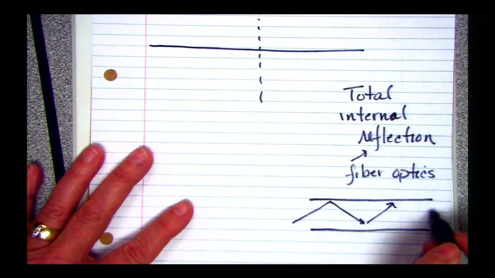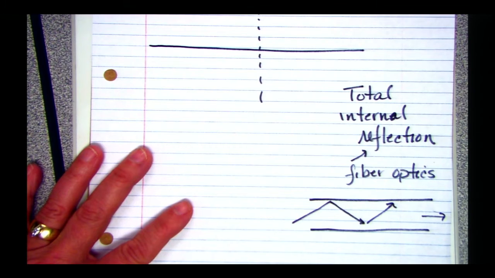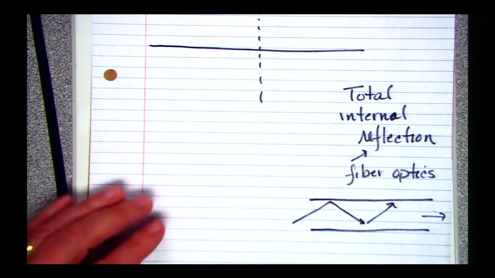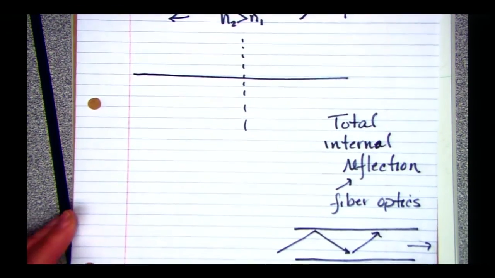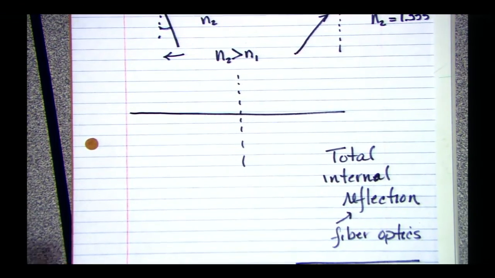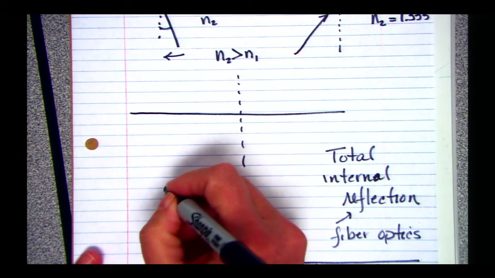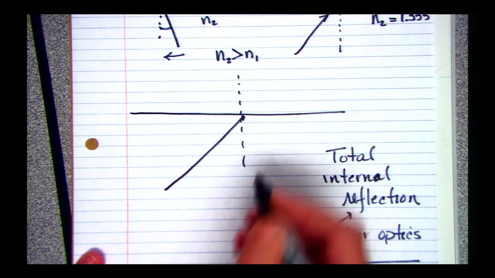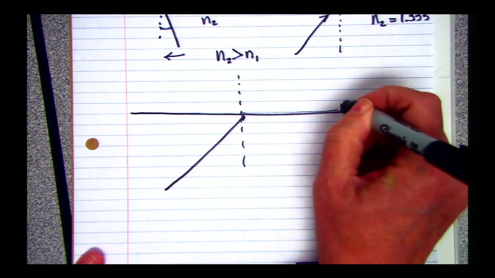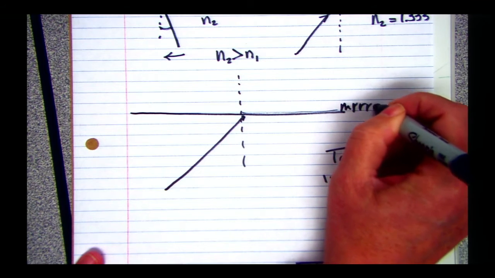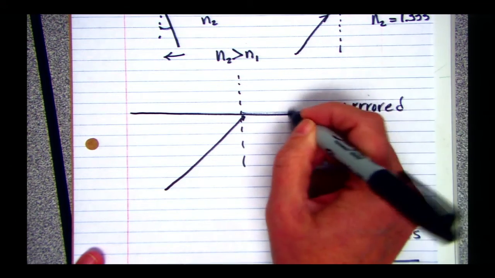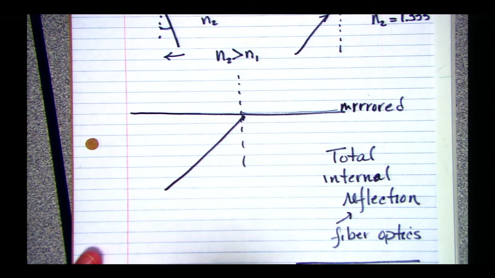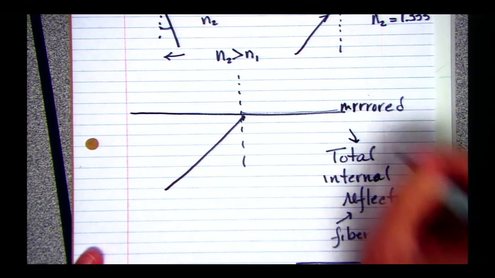If you're a swimmer and you've been in the swimming pool, you've experienced total internal reflection, because there are times that you look up to the surface of the pool and the surface looks mirrored and you don't see anything above the water. And that happens when I get total internal reflection. So what happens is, I'm coming in, this is water, so this is like 1.33, this is air, so this is like 1.